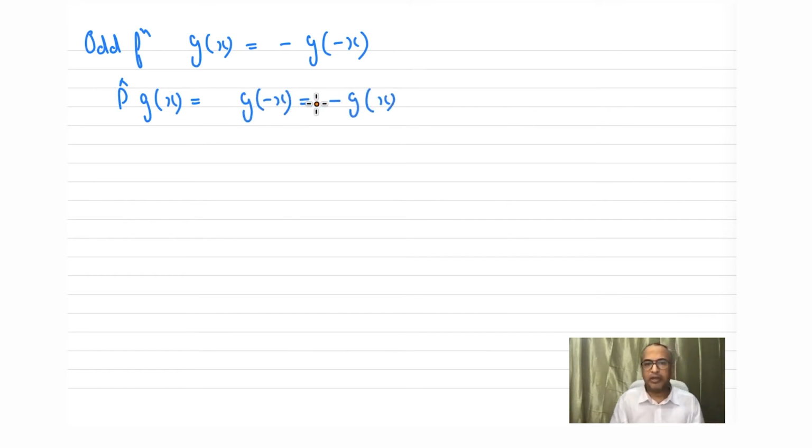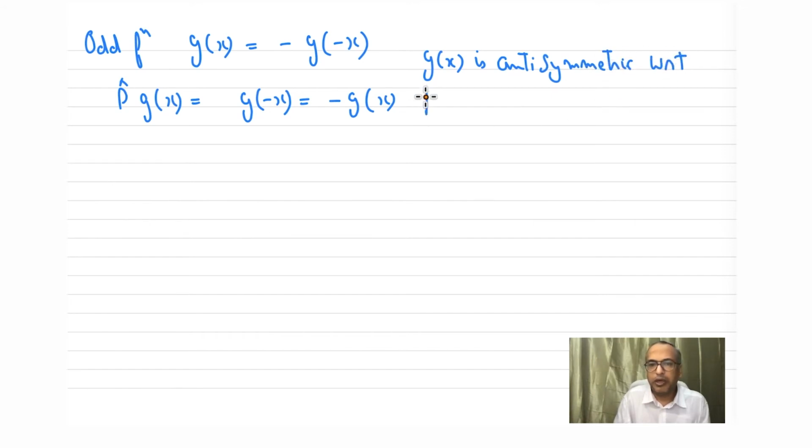So if we get this kind of situation, we say that g(x) is antisymmetric with respect to parity.